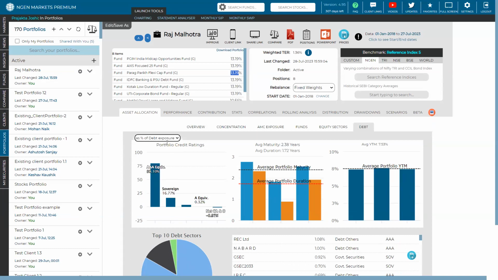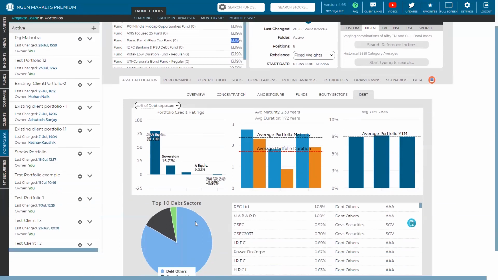You can check it like this. AAA rated securities are 80% of the portfolio's debt component. Sovereign is 16 odd percent. A rated is very meager, 0.32%, and AA rated is 3.77%. This becomes very crucial to understand, typically in the debt component of the portfolio, and this analysis is something that you shouldn't really miss.